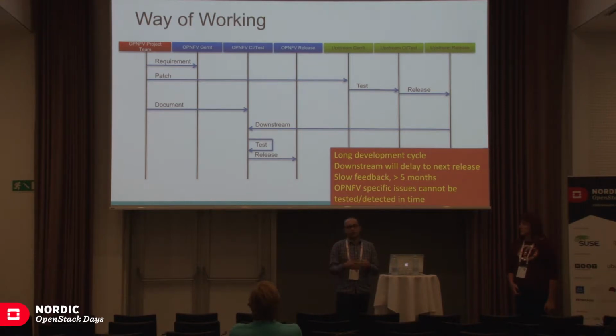And that fix gets tested by OpenStack CI and in the end released by OpenStack CI. And then OPNFV pulls that back into OPNFV CI to test if what we developed really works. And OPNFV uses stable releases of upstream components. Basically, our current release uses OpenStack Okata and OpenDaylight Carbon.